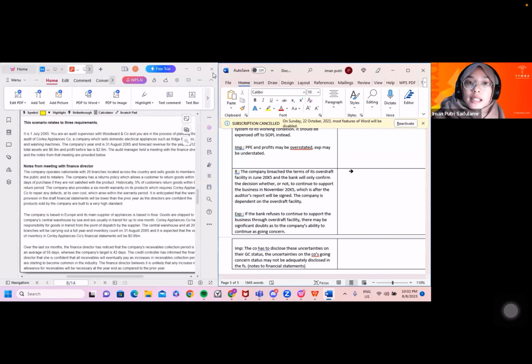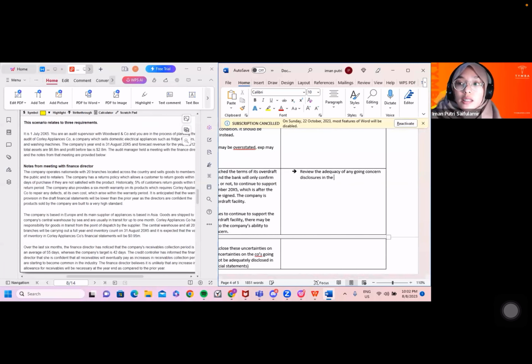Okay, so first things first, we want to review the adequacy of any going concern disclosures in the financial statements. And like Mazan said just now, we as the audit team should undertake detailed going concern testing, in particular, reviewing the cash flow. Reviewing the impact of the non-renewal of overdraft facility to the company's cash flow and ability as a going concern.